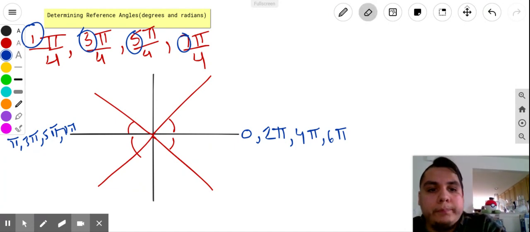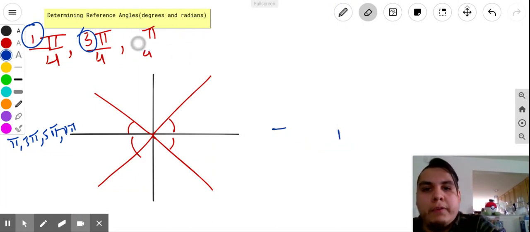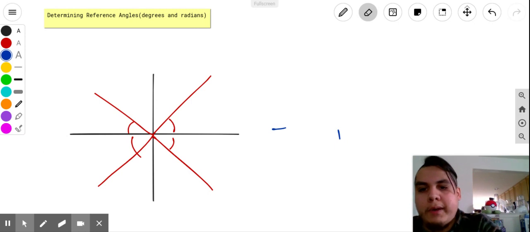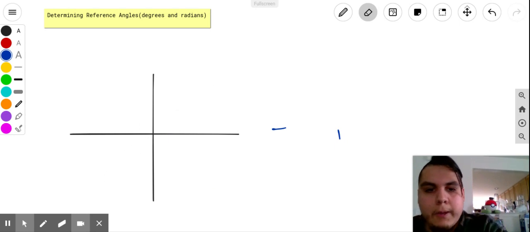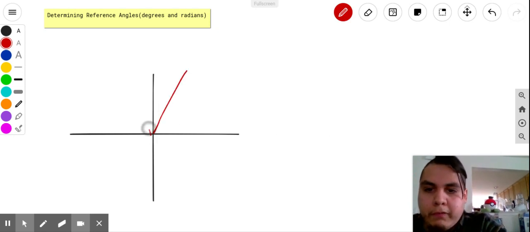All right. So now let's get through the pi over 3s. And then we'll talk about the nice, easy pi over 2s. Okay. So pi over 3, reflect that. That one goes here.